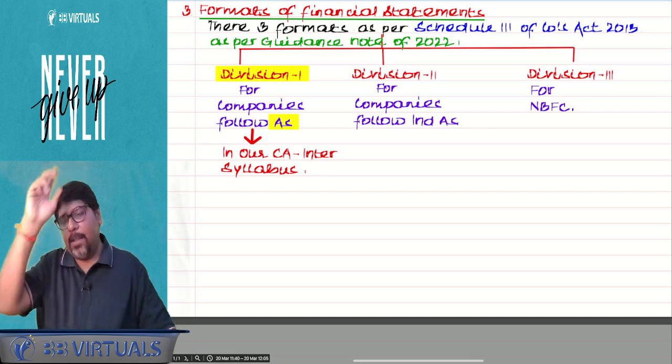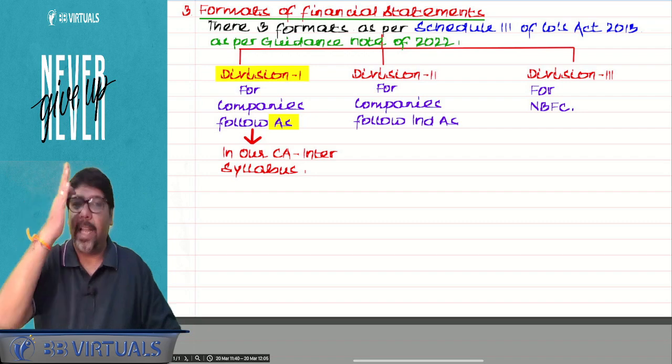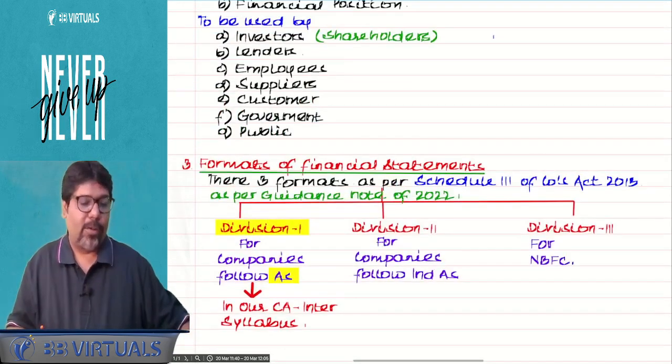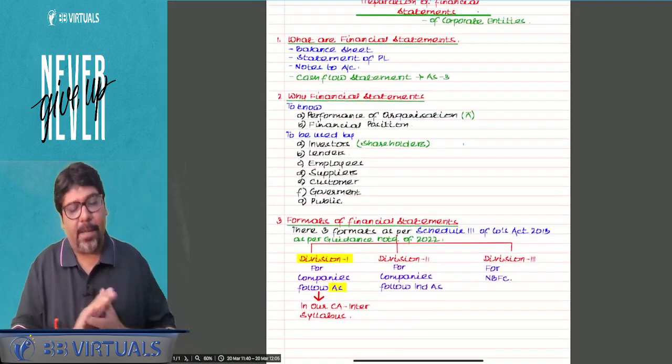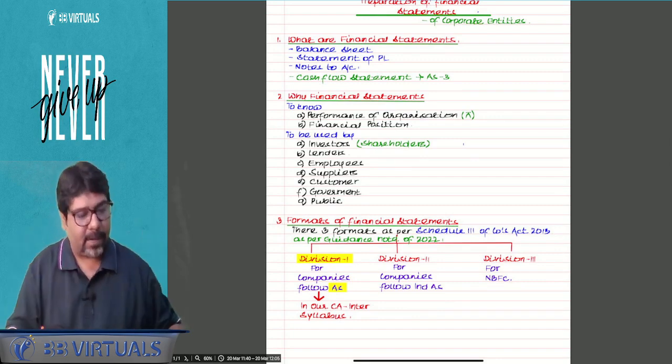Division 2 is in the CA Final syllabus. Division 3 you will learn in reality. Am I clear? So you understood what financial statements are, why financial statements, and what the formats are.